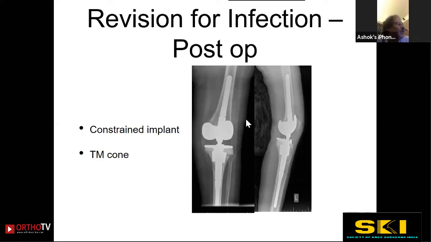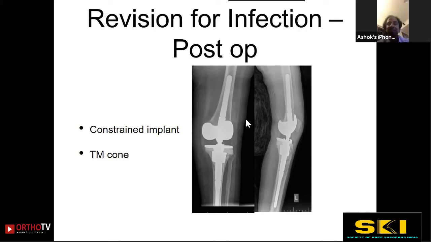Yeah. So this is what we did for the question on the sleeve. As you can see here, we used a rotating hinge. The only reason we used a rotating hinge here was that the medial collateral ligament was completely chewed up. And this patient, I did not show you the intervening spacer x-rays in the interest of time.